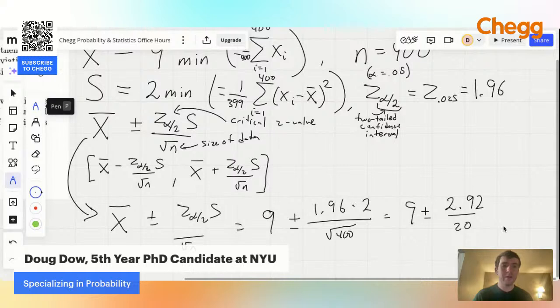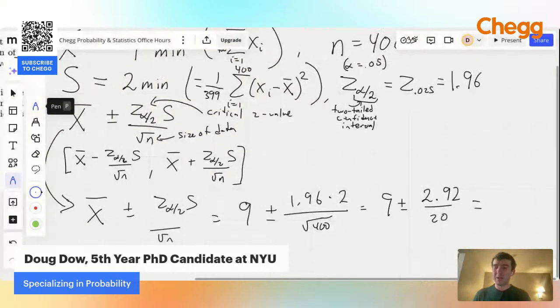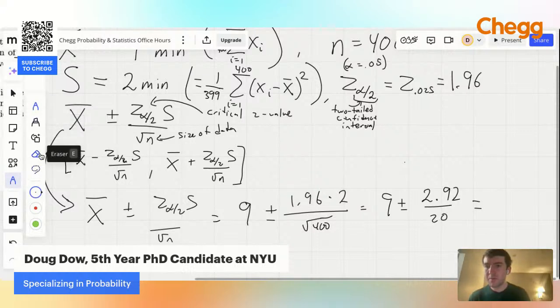So let me just go and plug that into my calculator real fast. 2.92 divided by 20 is about, sorry, this is 3.92, not 2.92. There we go. That's what you get for trying to do math in your head.